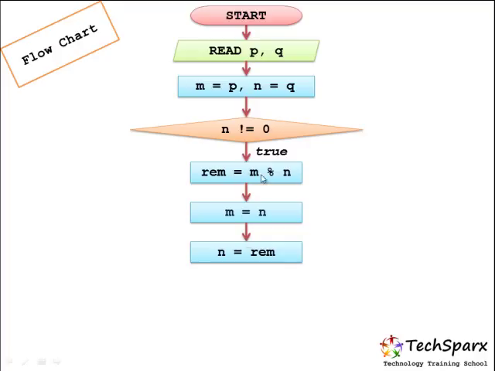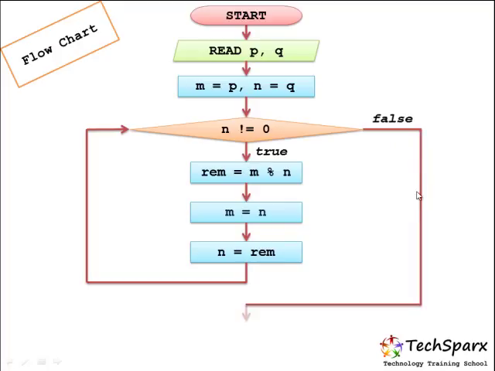So how long will you keep doing this? You keep repeating this as long as n is not equal to 0. The moment n becomes 0, you stop the loop, and then whatever is left out in m will be your HCF.